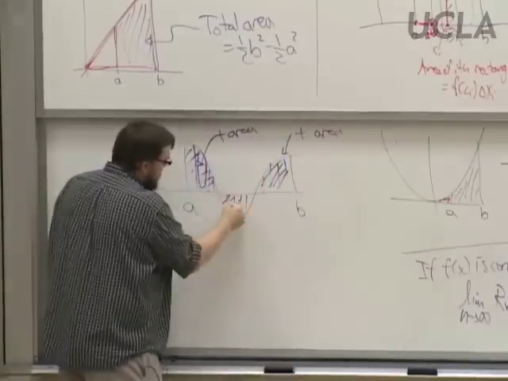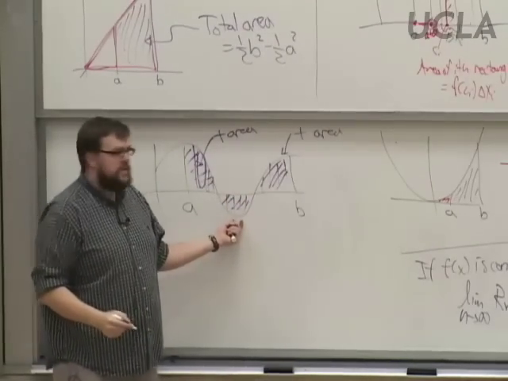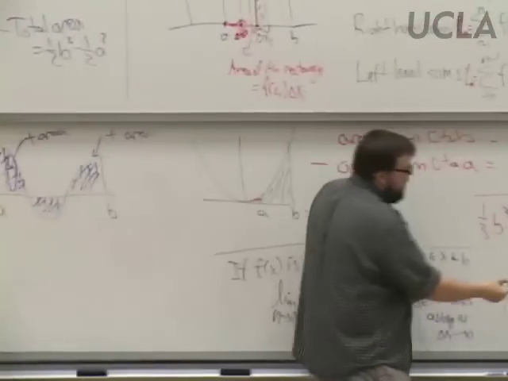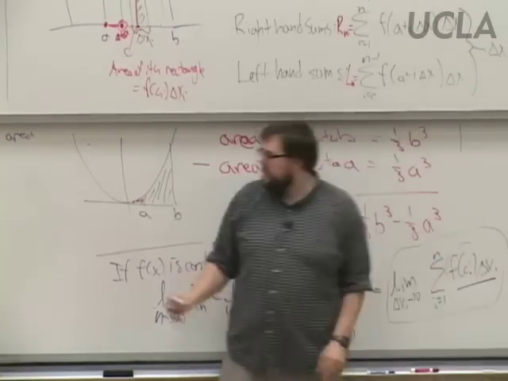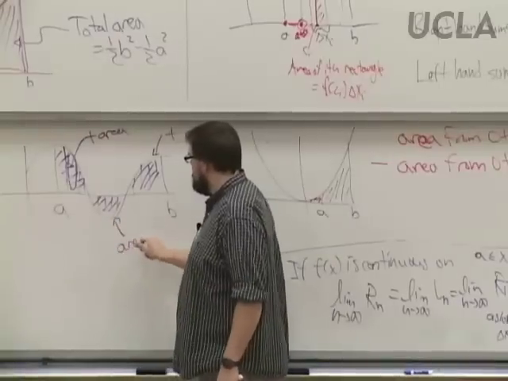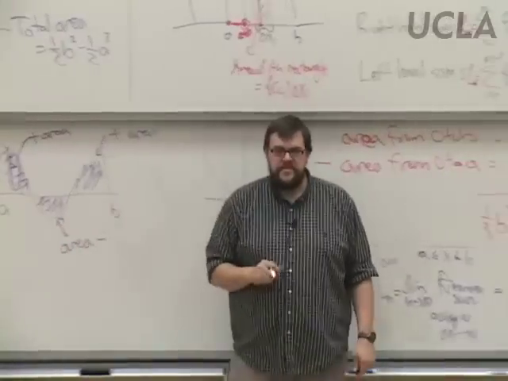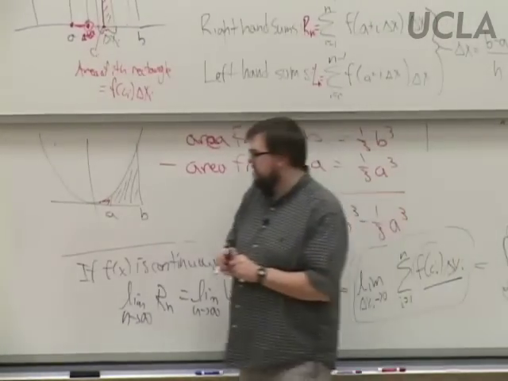But what about down here? Well, when I plug into my function, it is negative. So in that part, f of ci is negative, my delta xi is positive, so that this area is actually negative. So I can have positive area, I can have negative area. And so that's why I like the area in quotation marks.